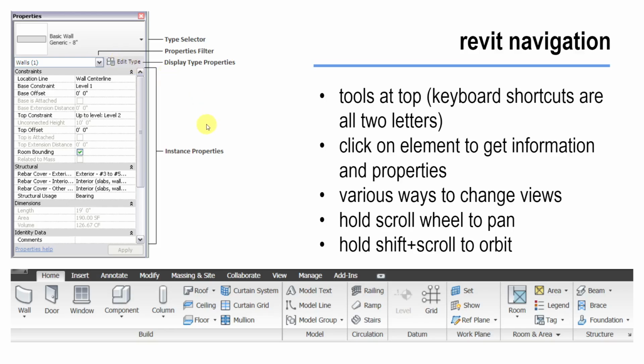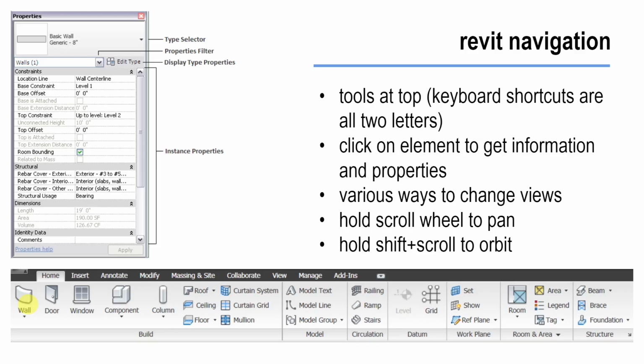Some of the ways you can navigate Revit is you can definitely use the buttons or the tools within your toolbars and within your palettes up here, or you can use keyboard shortcuts. Every keyboard shortcut in Revit is 2 letters, and what can be a little hard with the shift from AutoCAD is we got really used to typing enter at the end of everything, and we no longer have to do that within Revit.